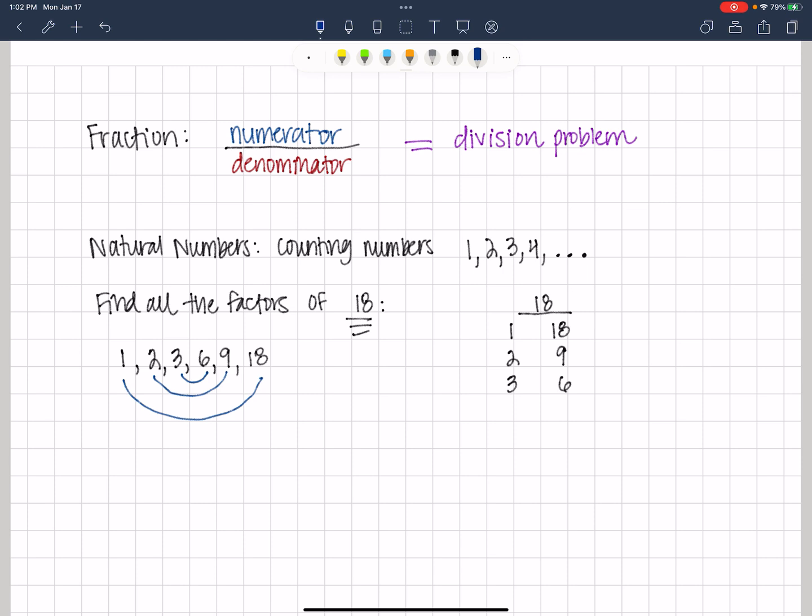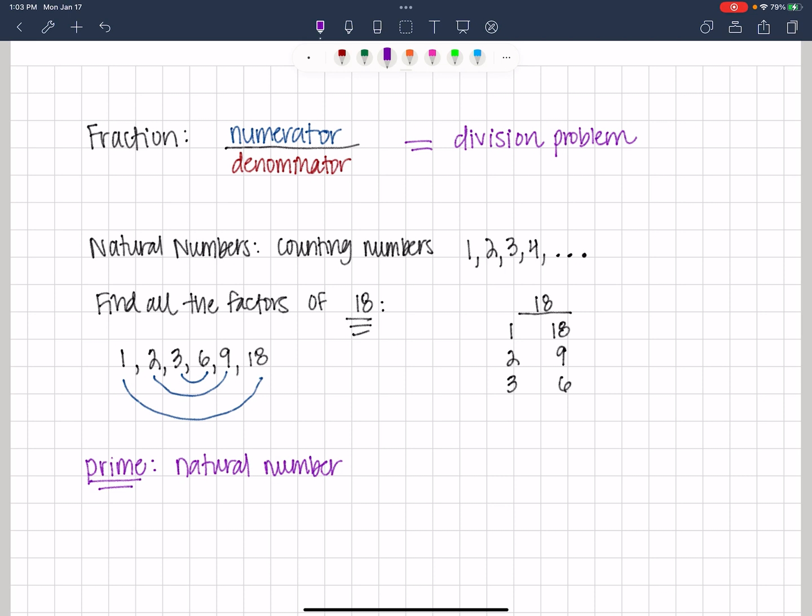And how we find factors is using prime factors. So we're going to break numbers down into their prime factorization. So it's important for us to know what prime means. Prime is another definition. Prime numbers are numbers that are natural, which means starting at 1, 2, 3, 4, 5, 6.